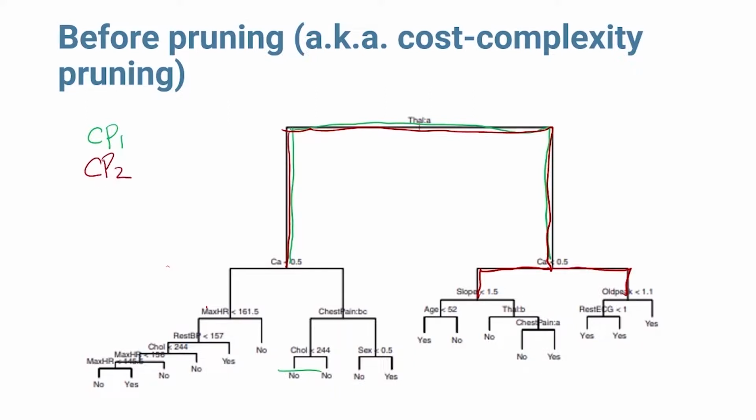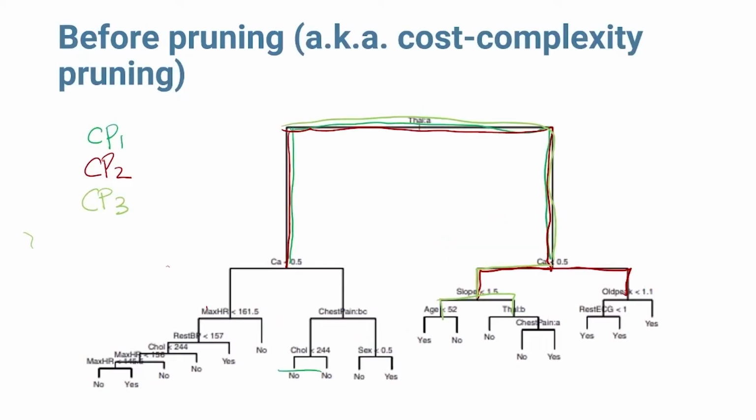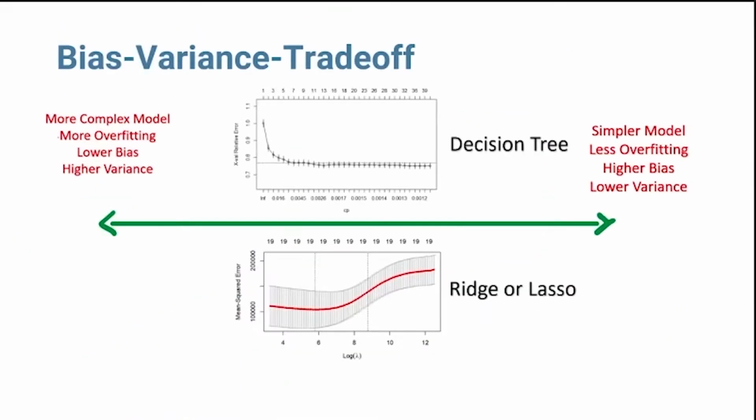So you can repeat this process and look at different subtrees and their related CP values. Then you decide on what you want your minimum CP value to be, and then delete all of the nodes that come after that. So in this case, you can see that all of these nodes down here and over here and over here get trimmed off.